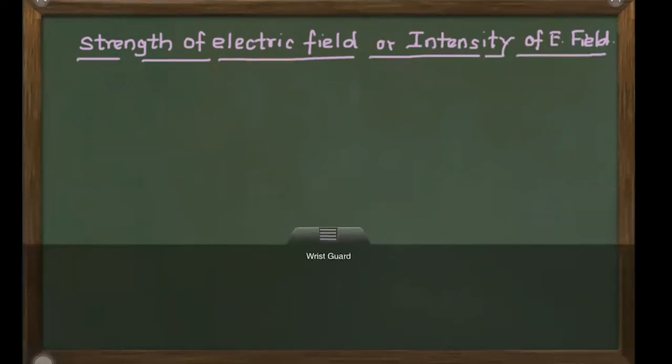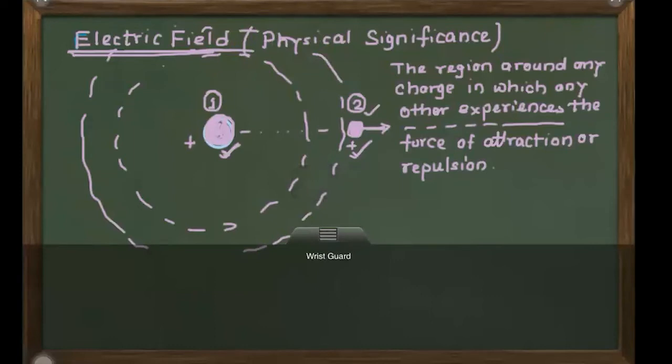One thing I want to add: in the previous slide, the charge that is producing the field is called the source charge. And the charge by which we are able to detect the electric field is called the test charge.